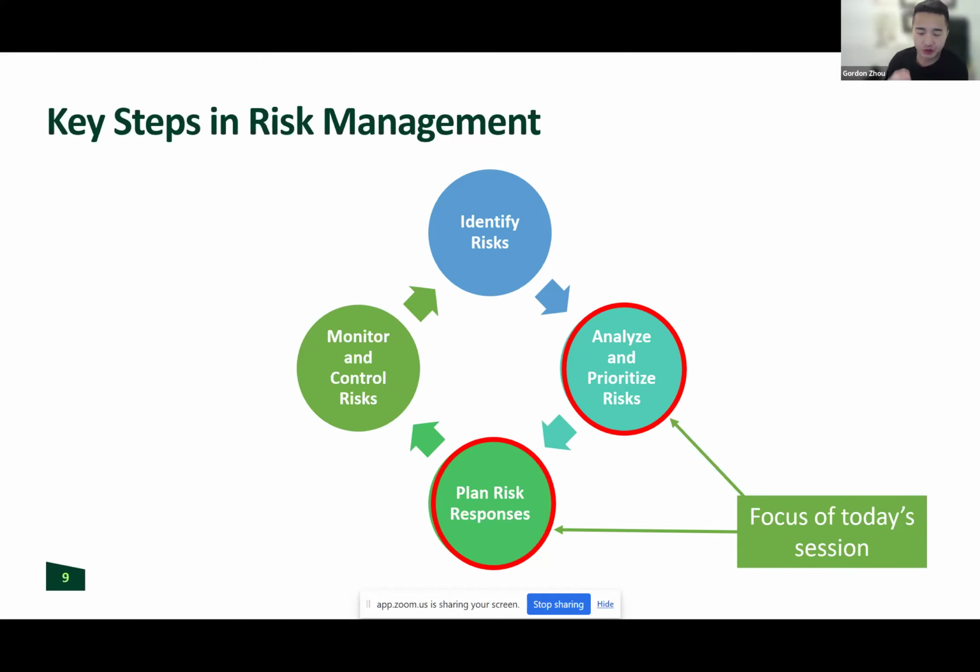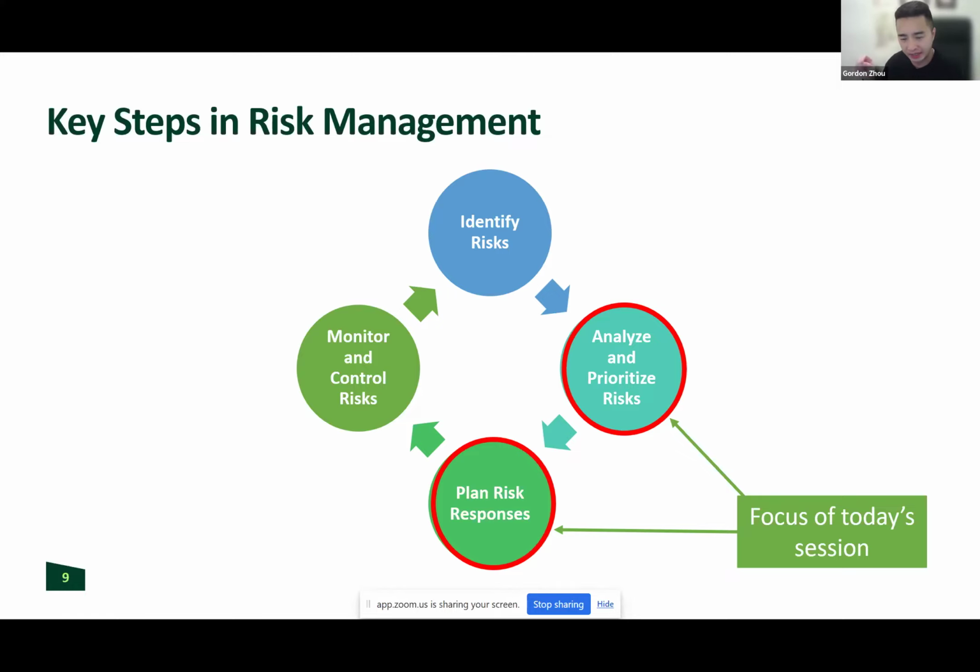You identify your risks, so you find them, you think about them, then you analyze it. Okay, what's important, what's less important? You plan your response. If they were to happen, what would I do? And you keep monitoring, you keep controlling, or you keep watching, right? Not just do it, set it, forget about it, right? Good risk management is doing that over and over and over again, right?